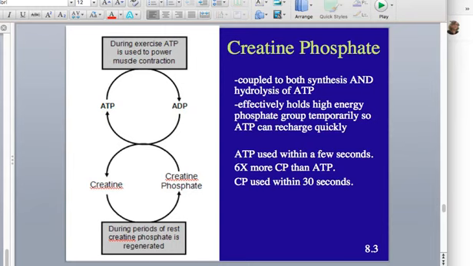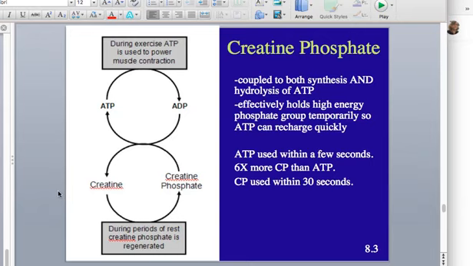So this is coupled with synthesis and hydrolysis of ATP. Basically our muscles hang on to some creatine in order to have another source of energy during muscle contractions. A lot of times people take creatine powder when they're bodybuilding or training.